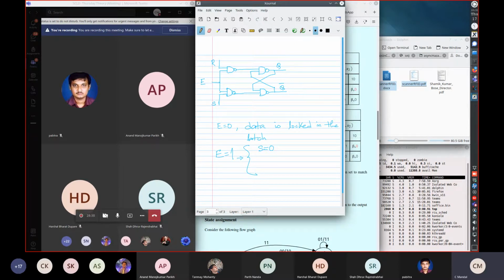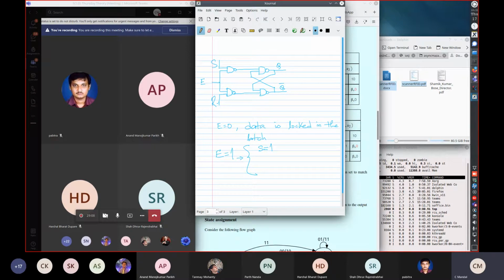If this is 1 and this is 1, sorry, S equal to 1. If S is 1, then this becomes 0. Okay, let me just change it. I'll call this one S and this one R.